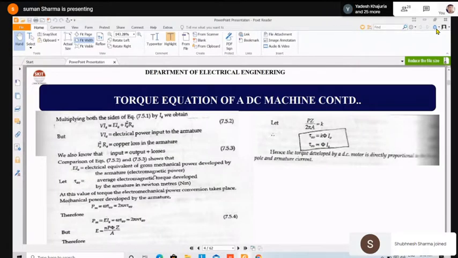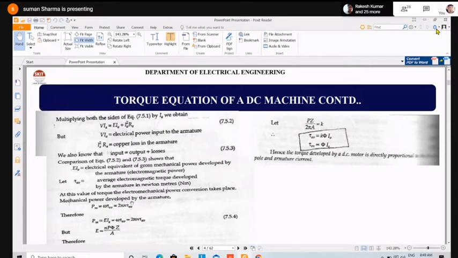Due to the supply voltage, current is flowing, and current is responsible for flowing the flux from north pole to south pole. Then the torque is given by average electromagnetic torque developed by the armature in Newton meter. At this value of torque, electromechanical power conversion takes place.